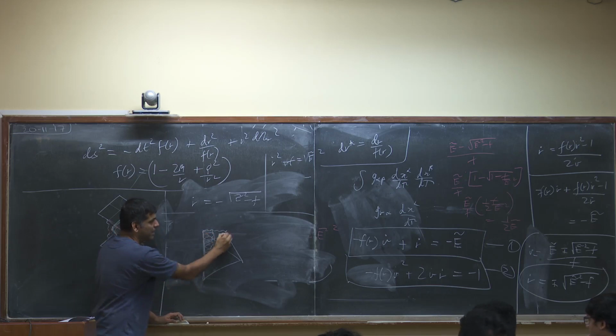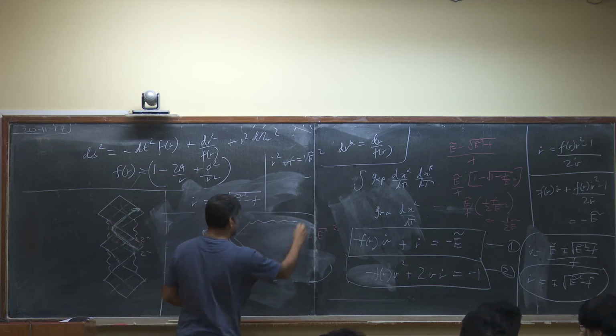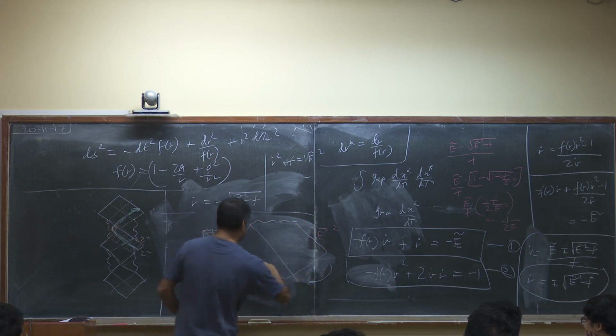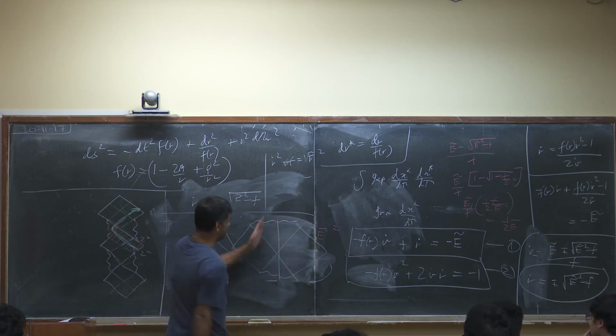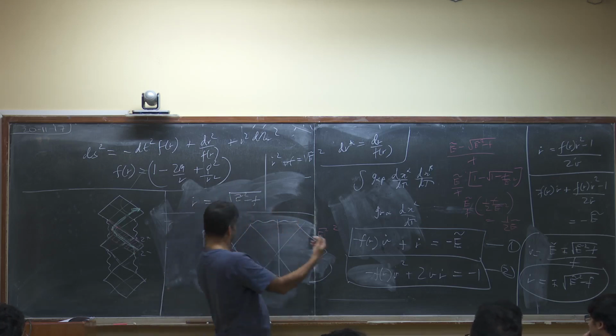So things go here and come back here. So this whole part of the eternal Schwarzschild Penrose diagram, this is roughly speaking this part of it. Okay? This part just doesn't exist.